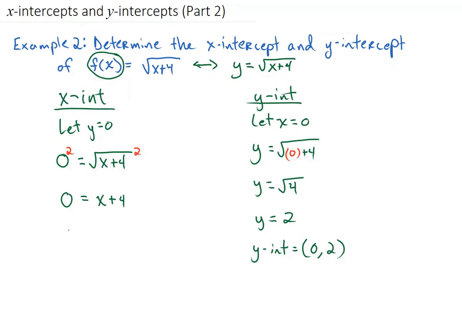Then I need to subtract 4 from both sides, so I get x equals negative 4. What that means is my x-intercept is the ordered pair (negative 4, 0). And there you have it.